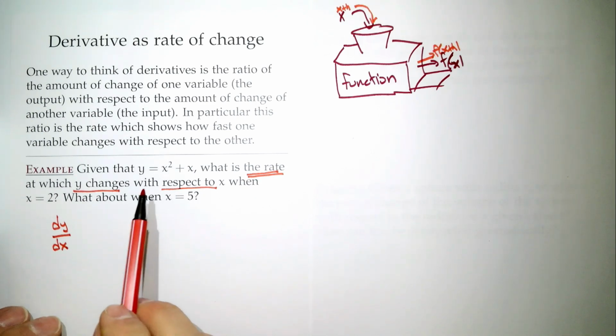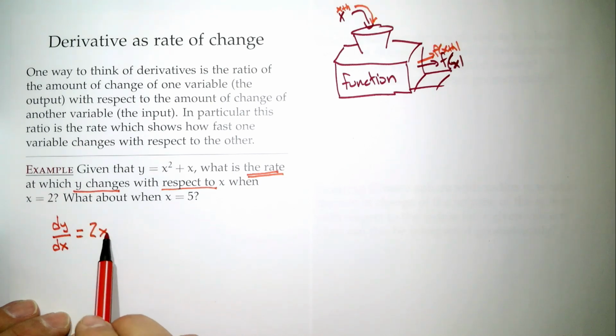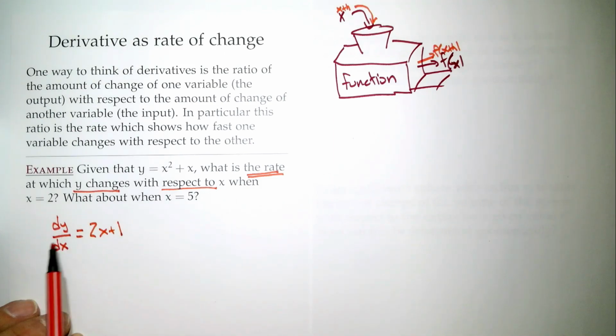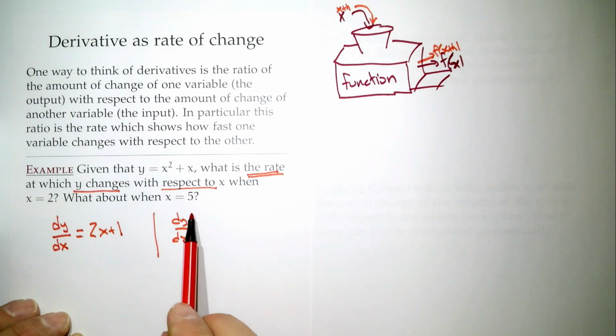All right, well, the function x squared plus x, do we know that derivative? What is it? 2x plus 1. Okay, so this is how y changes with respect to x at an arbitrary x. So if I want to know what's happening when x equals 2, I could say find dy dx when x equals 2.